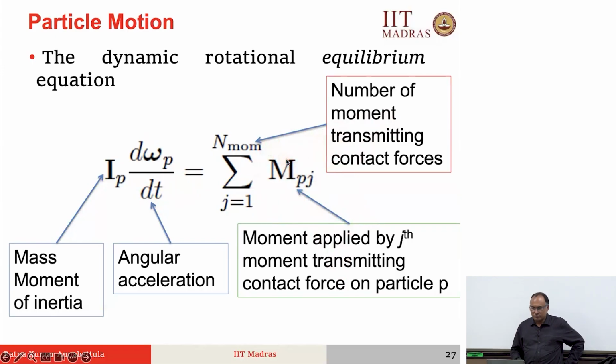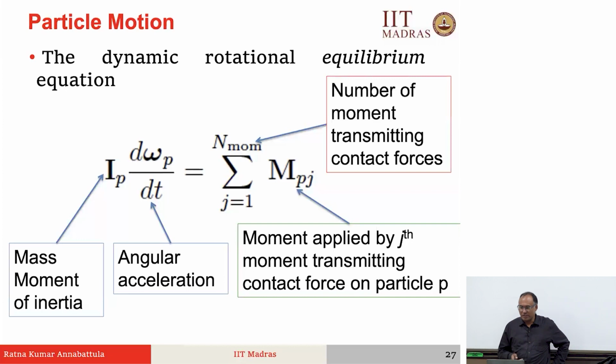So, you solve these two things together to get your 6 degrees of freedom, that is 3 linear accelerations and 3 angular accelerations, 3 linear velocities, angular velocities, linear displacements and angular displacements.